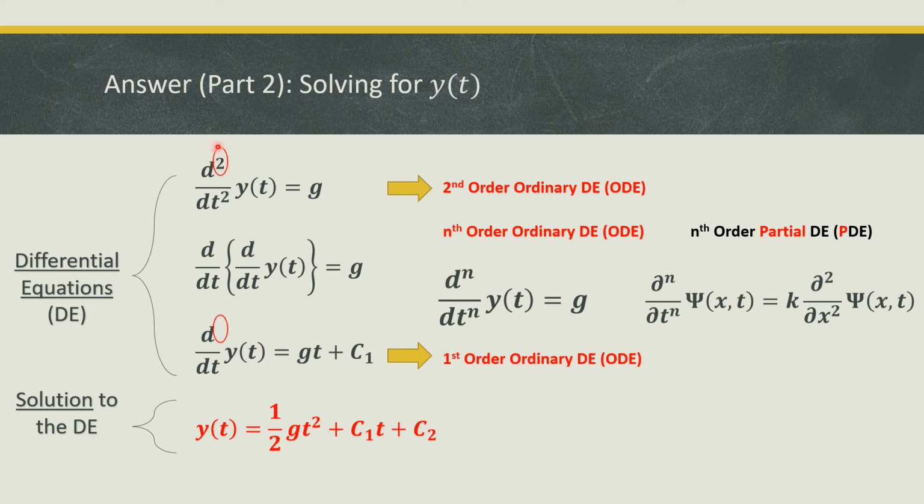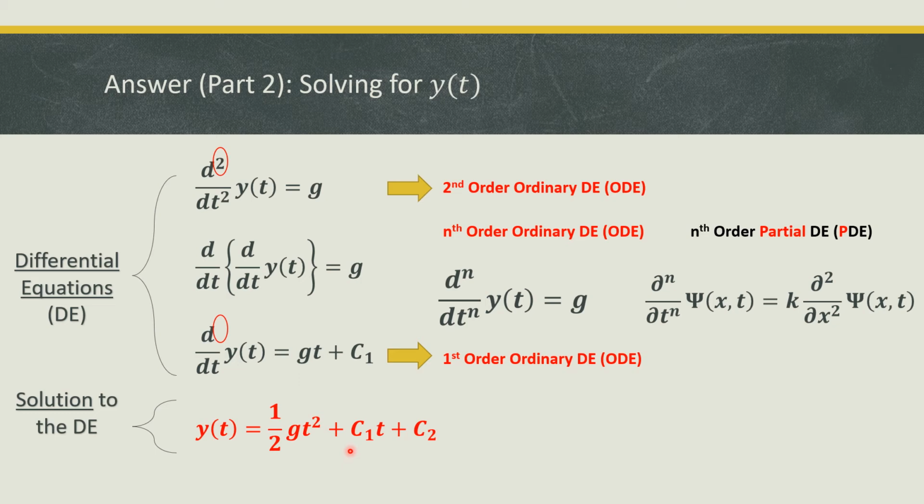That is the significance of the order of a differential equation. If you have an order of 2, then you expect to have 2 arbitrary constants. If you have an order of 1, you expect only one integration constant, or rather arbitrary constant. And if you have an order n, then you expect n arbitrary constants.